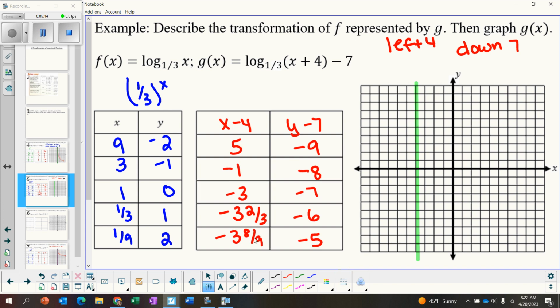So I have, I'm going to start down here, almost -4, -5, real close. Still very close to -4, -6. I have -3, -7, -1, -8, and 5, -9.